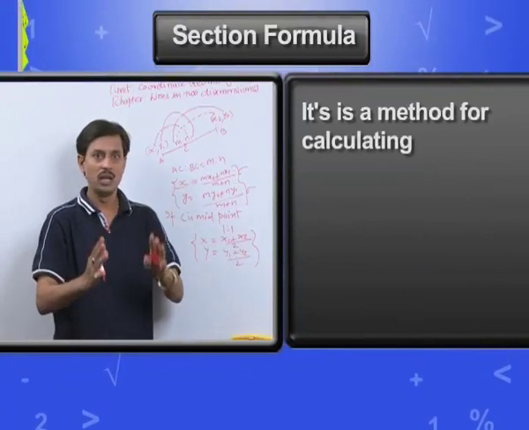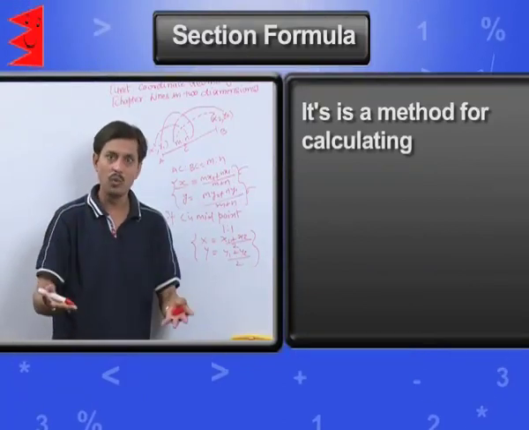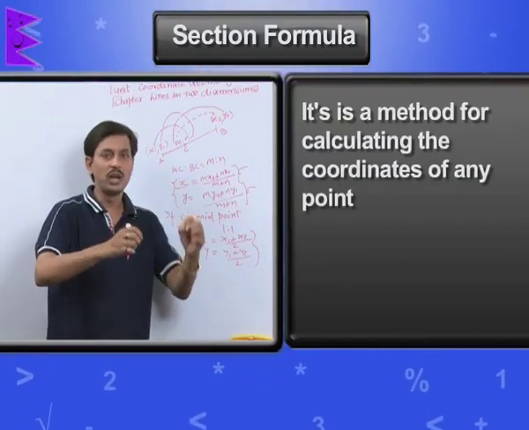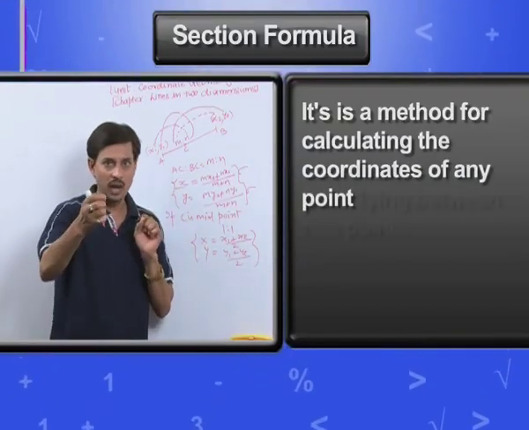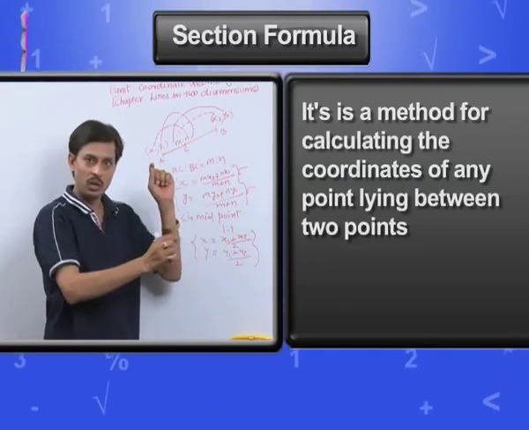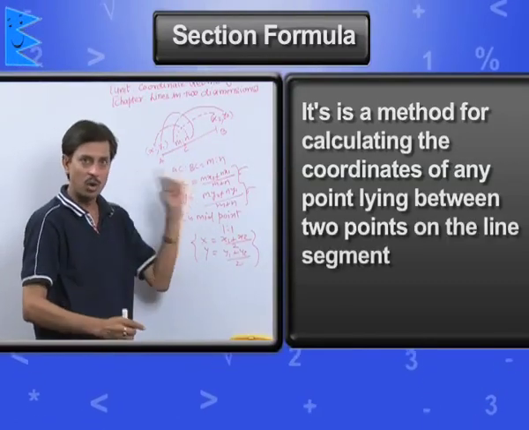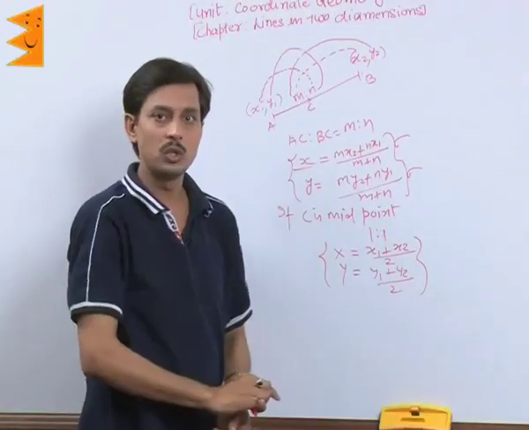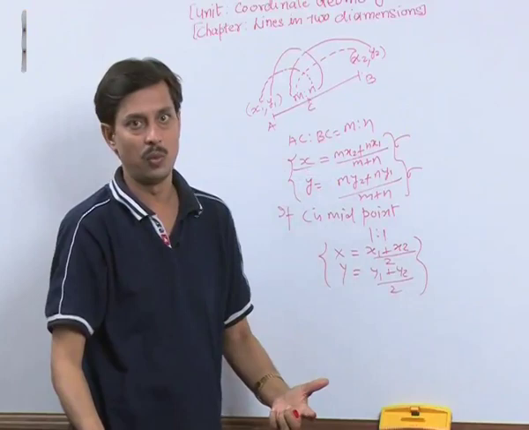The section formula is the method for calculating the coordinates of any point lying between two points on the line segment joining these points, with the ratio m is to n, or whatever it is given.